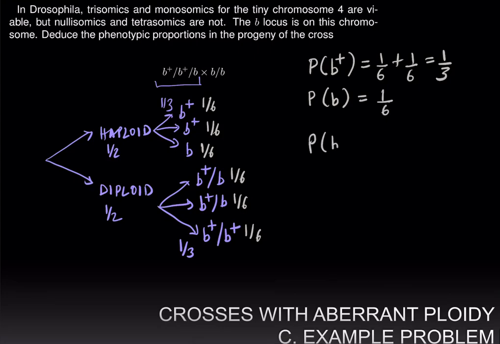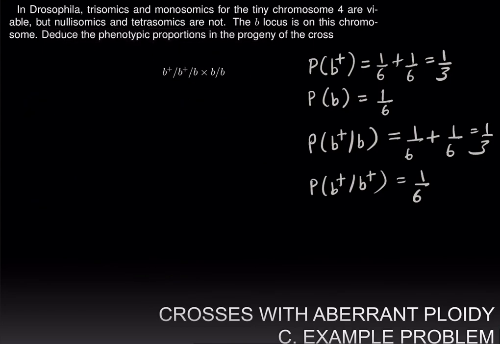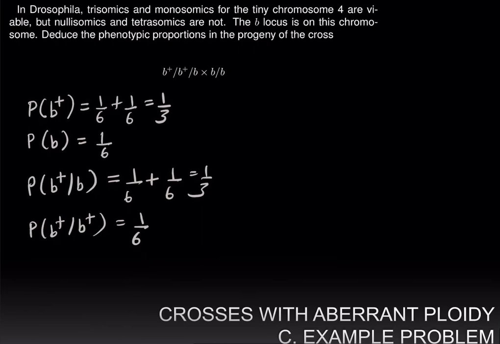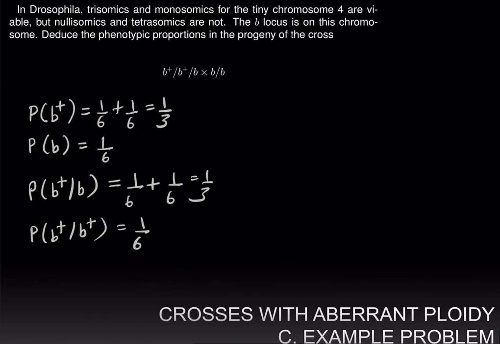The probability of a diploid B plus over B gamete is 1/6 plus 1/6, which is 1/3, and the probability of a diploid B plus B plus gamete is 1/6. We don't need the branching diagram anymore, so we can get rid of it, and we have our proportions of gametic genotypes over here.